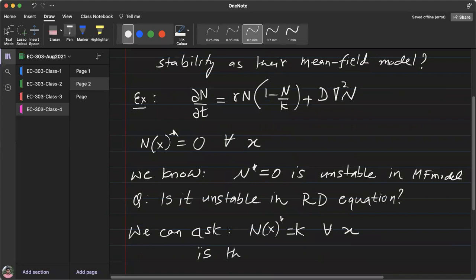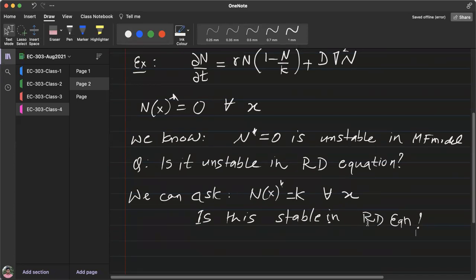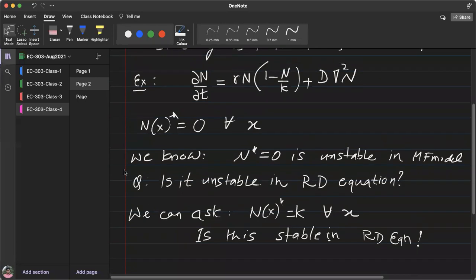Is this stable in the reaction diffusion equation? Can somebody guess? What do you think? Any reasonable guess?